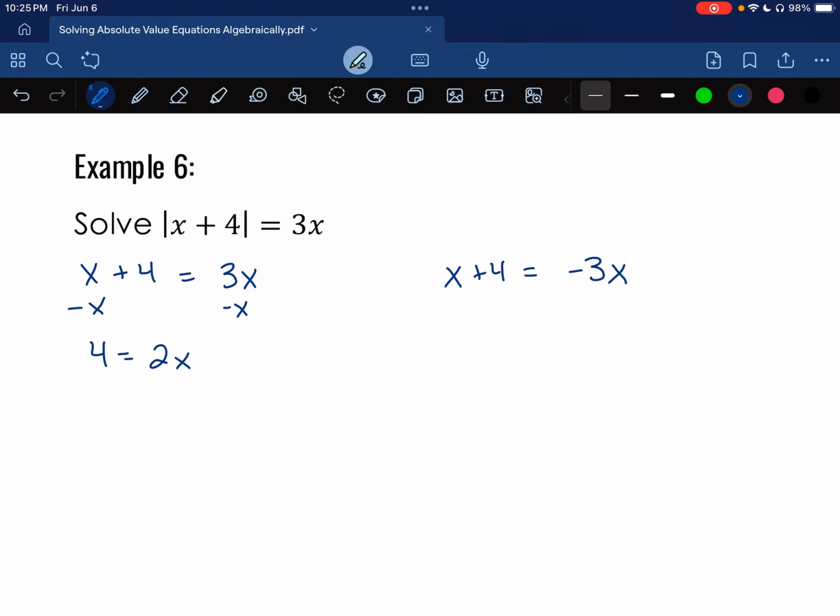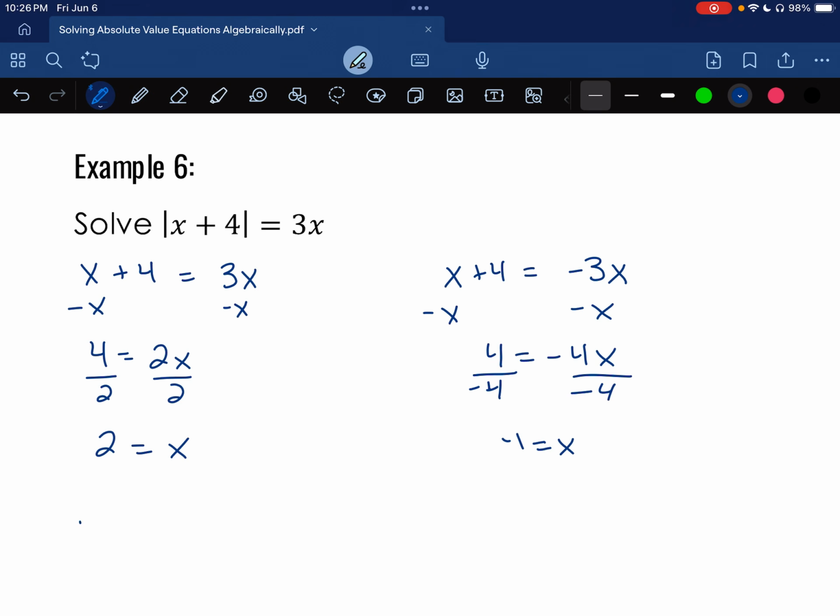So I'm going to move that x to the other side, divide both sides by 2, and I'll get 2 as x. And then over here, I'll subtract x from both sides. I'll have 4 is equal to negative 4x. Divide both sides by negative 4. I'll get that x is negative 1.